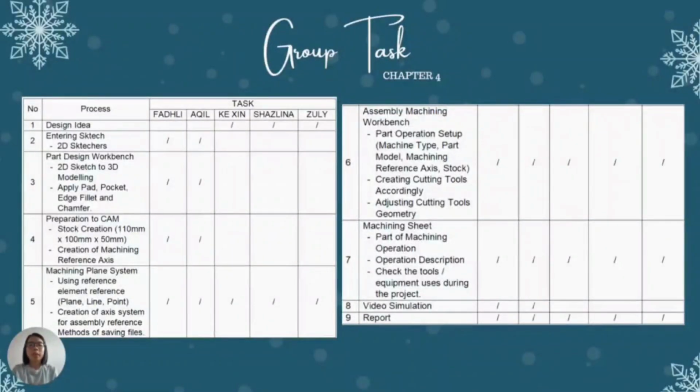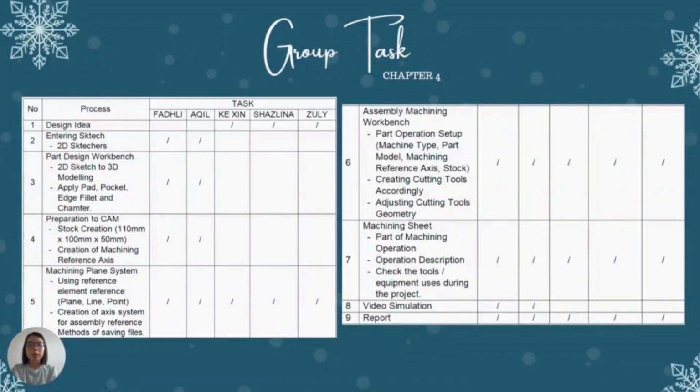Now I would like to present the group tasks for our project. First process is design idea, which is done by Kirsty, Sadrina, and Julie. The process done by Fadli and Akil is entering sketch, part design workbench, and preparation to CAM.